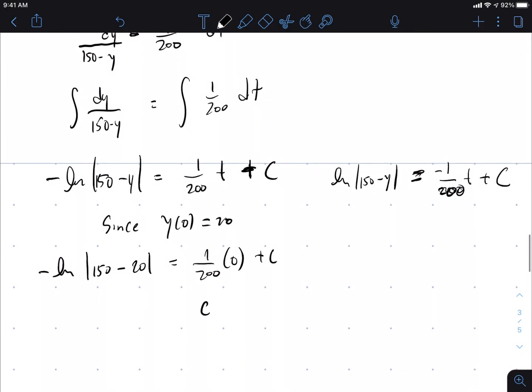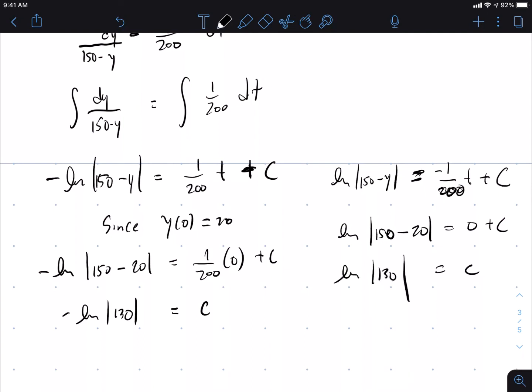And we see that c here ends up being negative ln of 130. If I'd done it on this side, don't I end up with ln of 150 minus 20 is equal to 0 plus c? So c ends up being ln of 130.